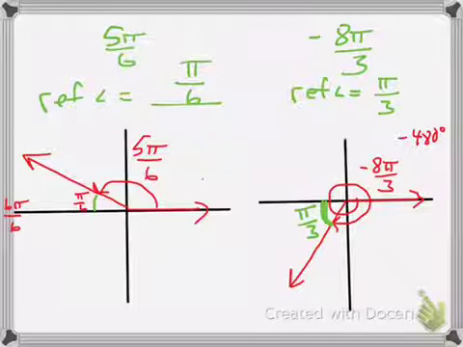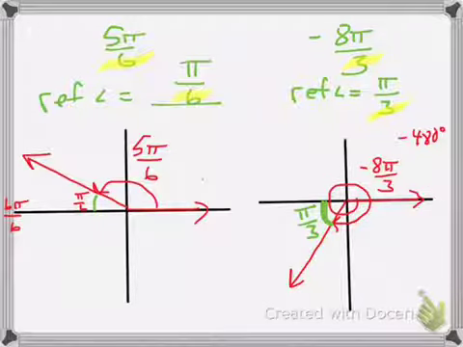You see any patterns here? I wonder if that's always going to work. Lauren is shaking her head. She's right. It always works. If the denominator of your angle is 2, 3, 4, or 6, and your fraction is simplified, then the reference angle is pi over 2, pi over 3, pi over 4, or pi over 6.